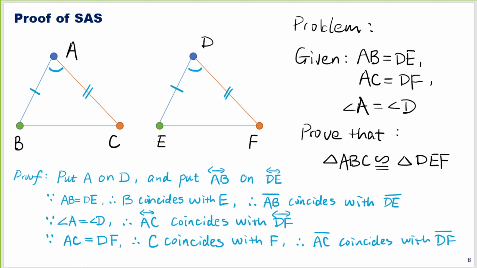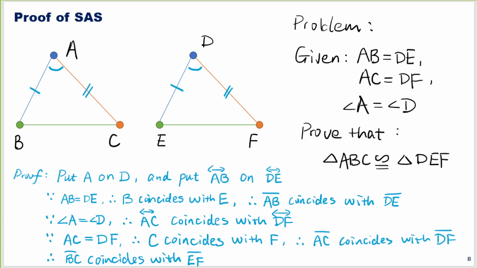Also, we know B is on top of E, C is on top of F. Therefore, segment BC coincides with EF. And then we proved every element of triangle ABC is on top of every element of triangle DEF. Therefore, we know triangle ABC must be congruent with triangle DEF, right?